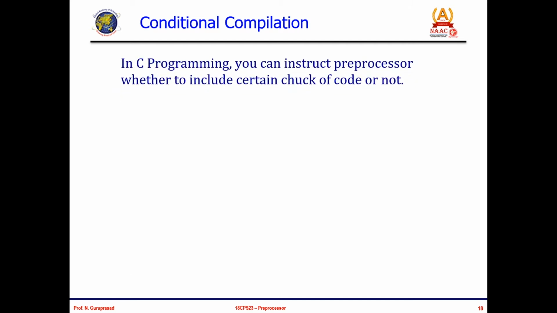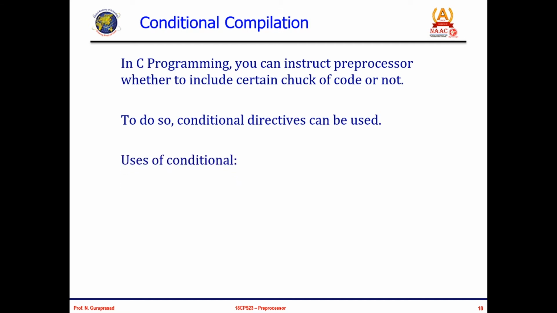So instead of doing all these exercises, you use conditional compilation to select particular sections of code to compile while excluding the other sections. In C programming, you can instruct the preprocessor whether to include a certain piece of code or not. To do so, conditional directives can be used.